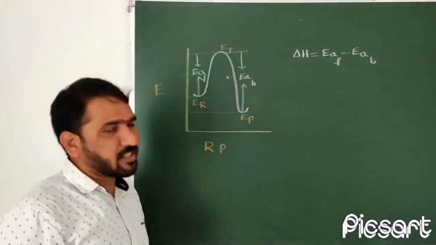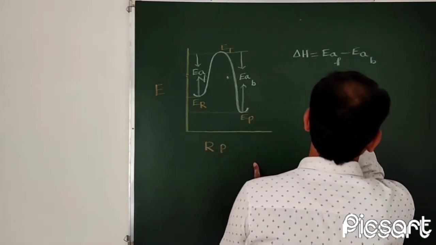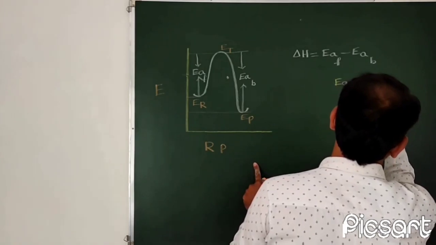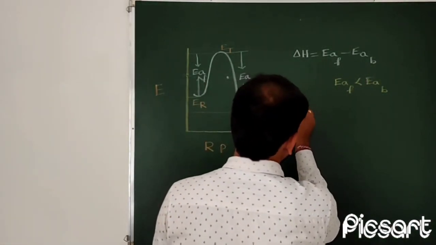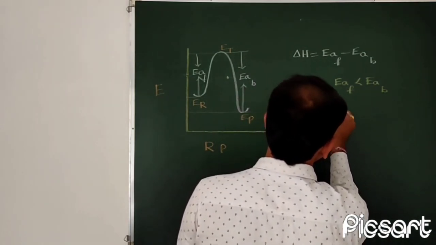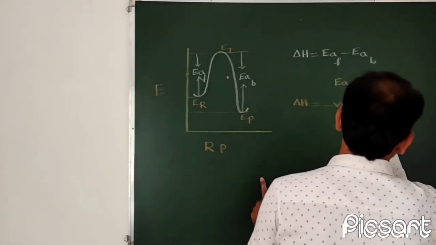With respect to this graph, activation energy of forward step is less than activation energy of backward step. So the resultant enthalpy of the reaction is negative, so that is considered as endothermic.